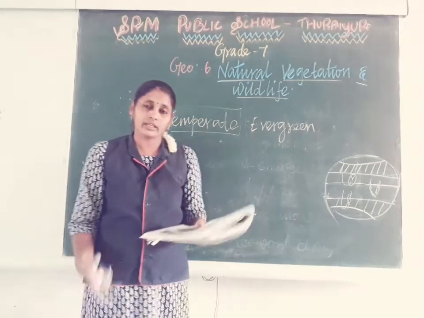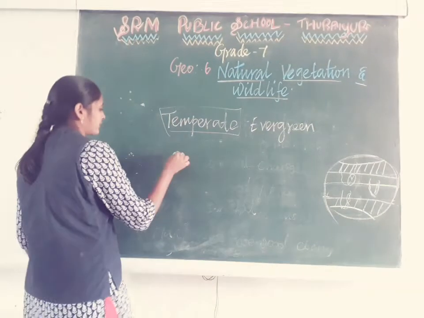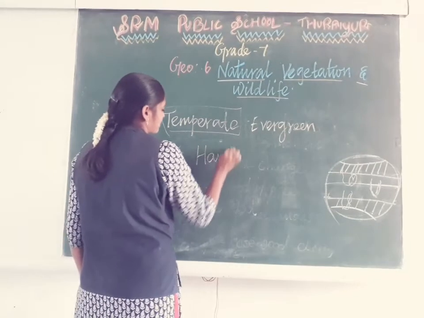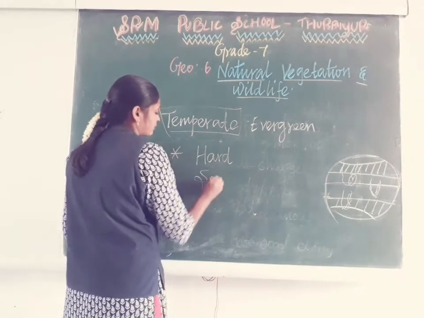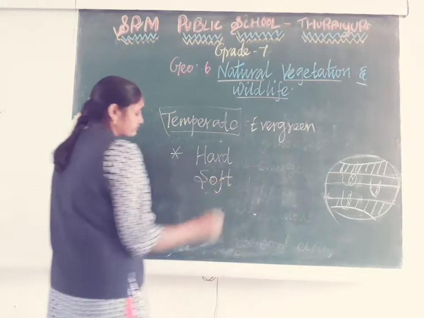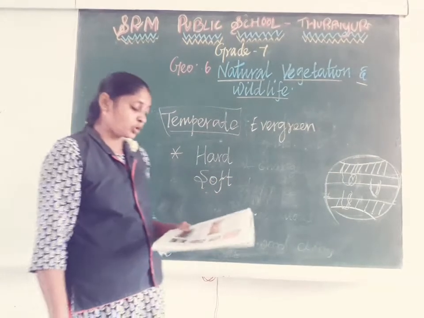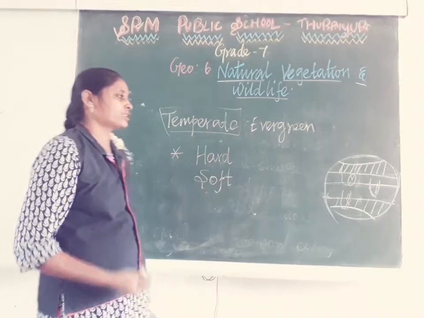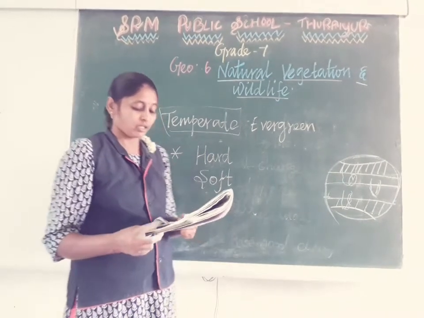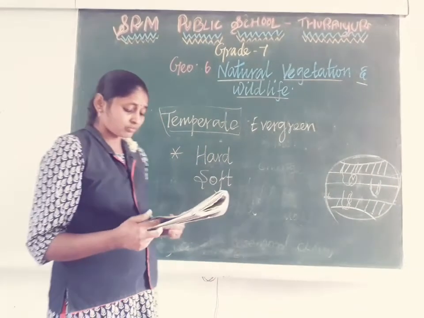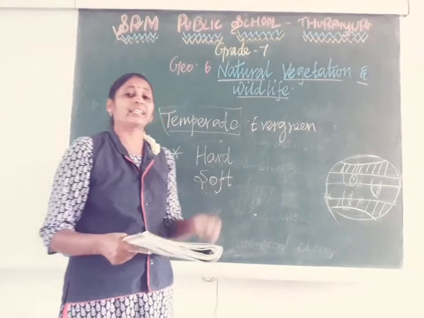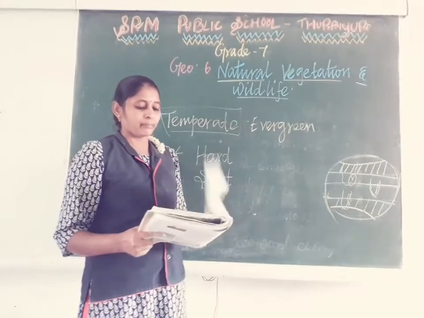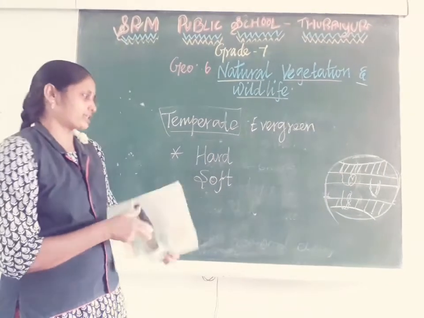In this forest both hardwood and softwood trees are present. Particularly oak, pine, eucalyptus trees are present more in this forest. So on each and every continent, the eastern margin, we can see temperate evergreen forest.